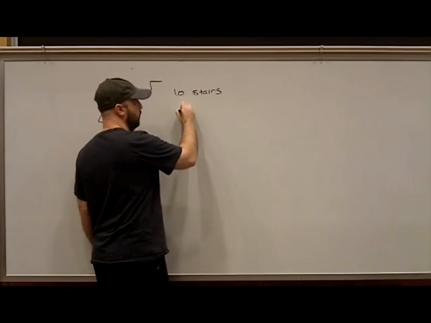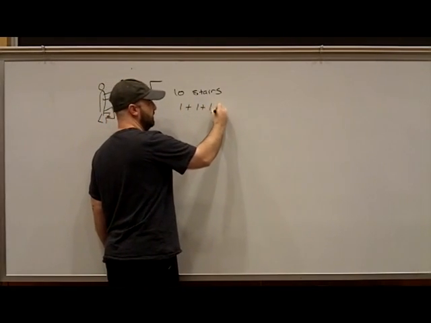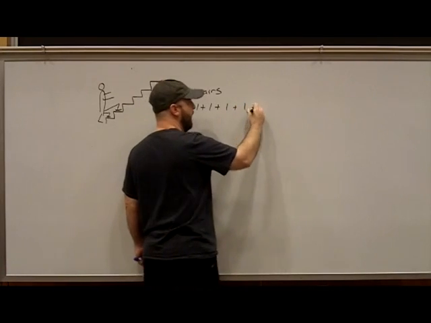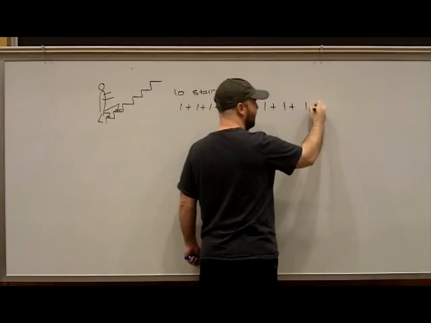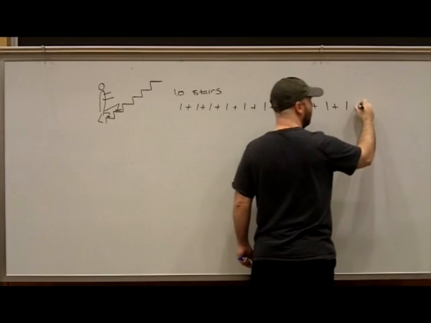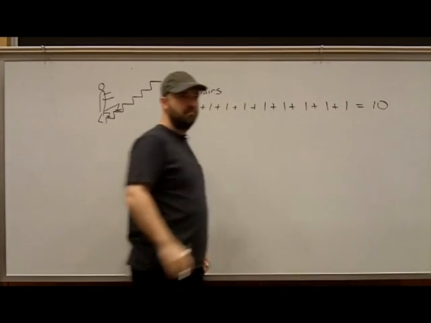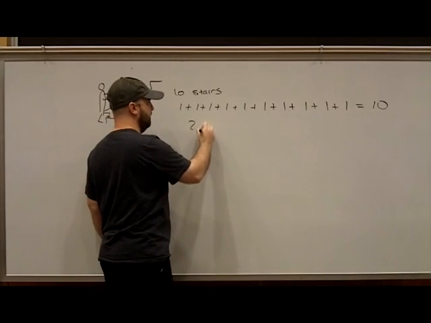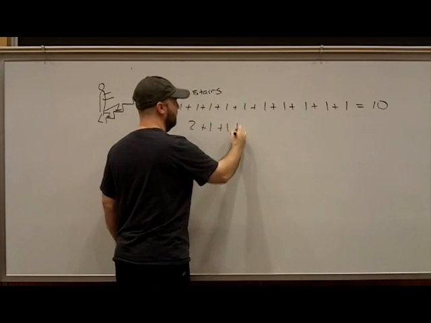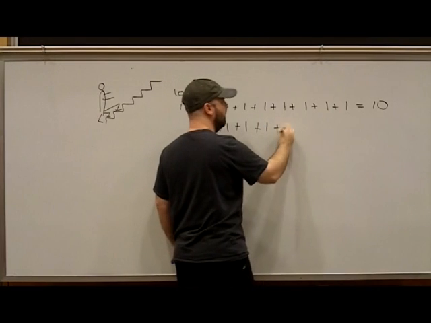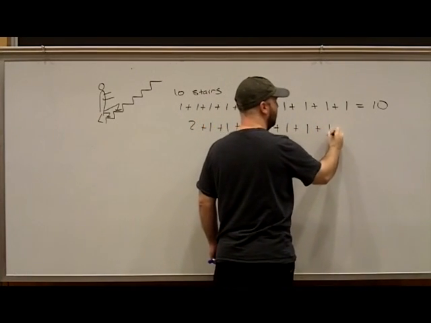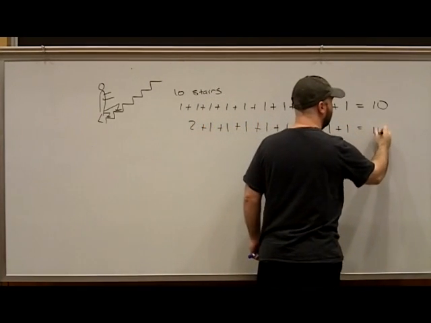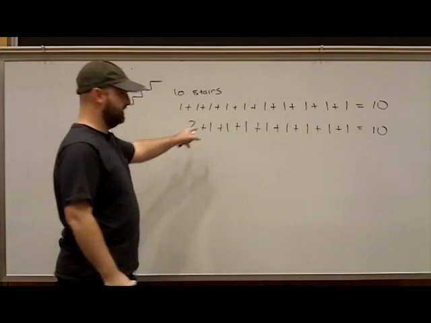Well, we could go up 1 step at a time, the classic way, the boring way. Or maybe we take the first 2 steps. There are a lot of places to take 2 steps.